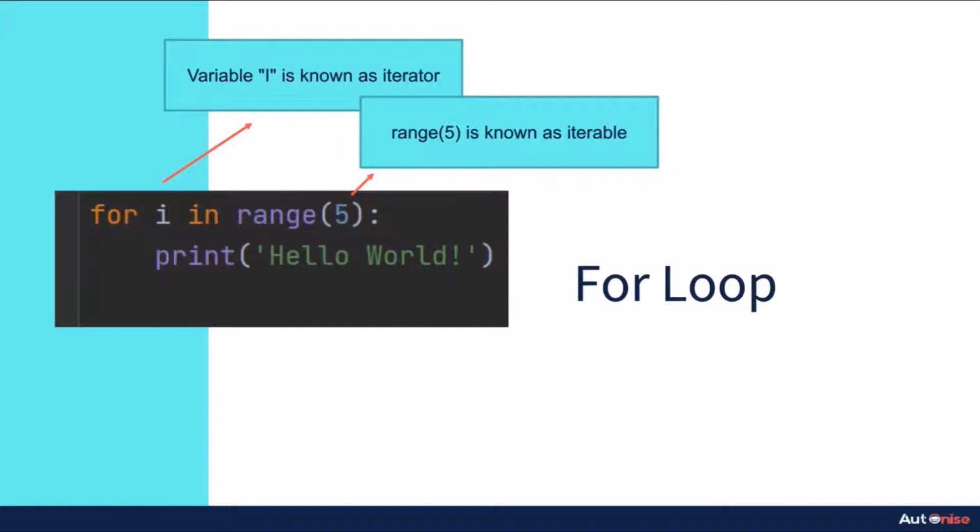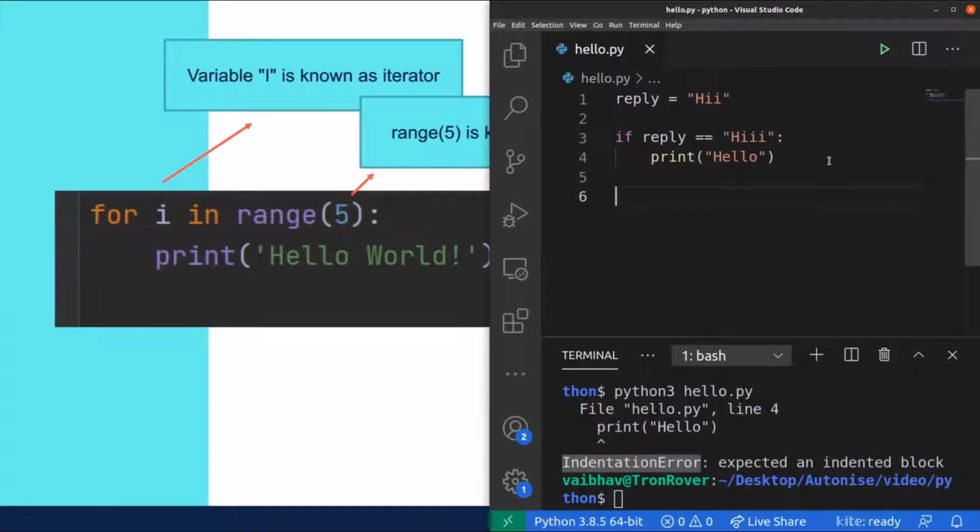And when it reaches 5, the for loop will end. So when we run this code, because this for loop will run 5 times, the print hello world we wrote inside the for loop block will get executed 5 times. So let's write this code and see if it works like that.